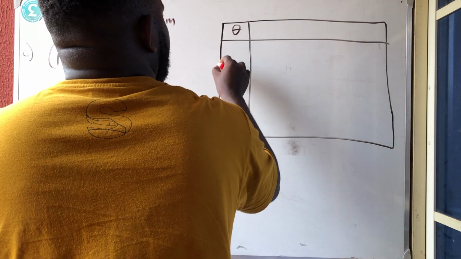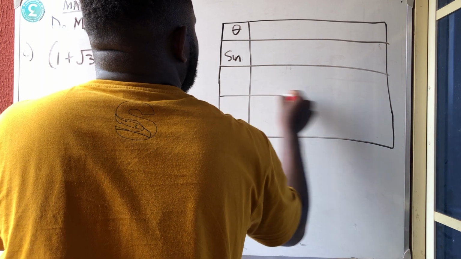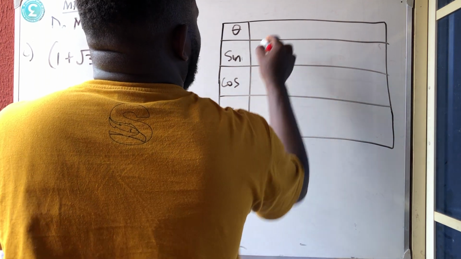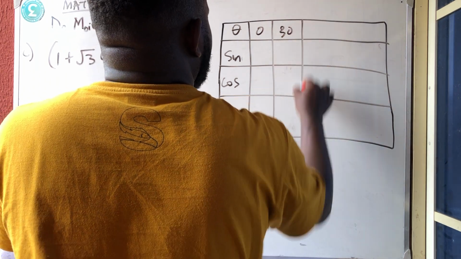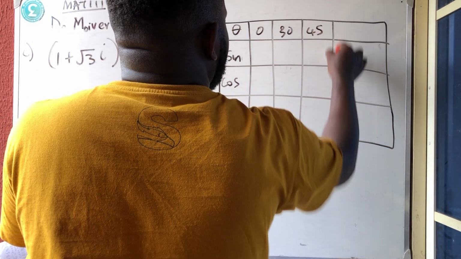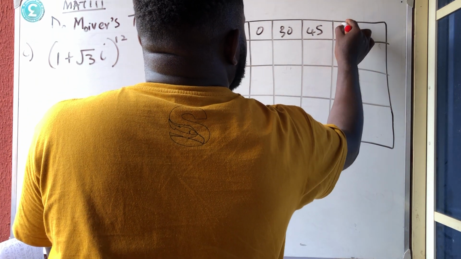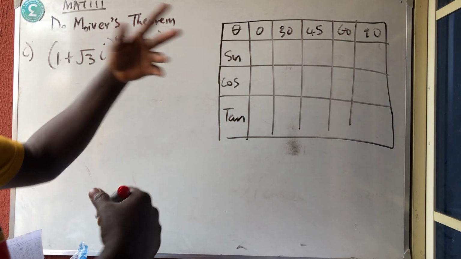This is theta, this is sine theta, this is cos theta, and this is tan theta. And I have 0, 30, 45, 60 and 90. How do you find this? It's very simple.